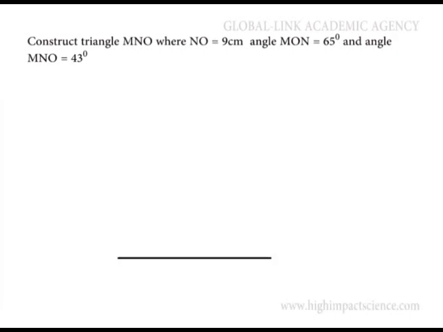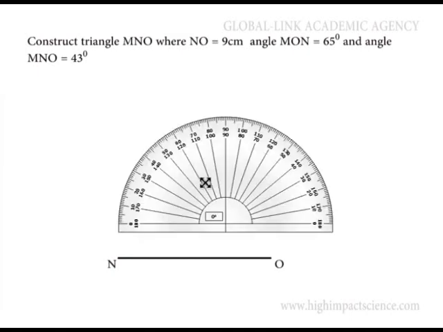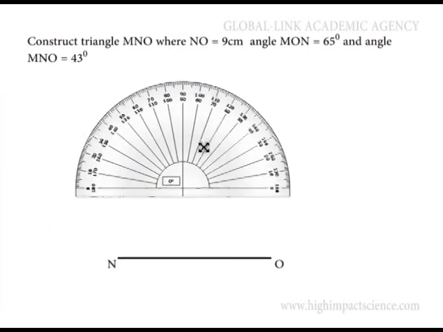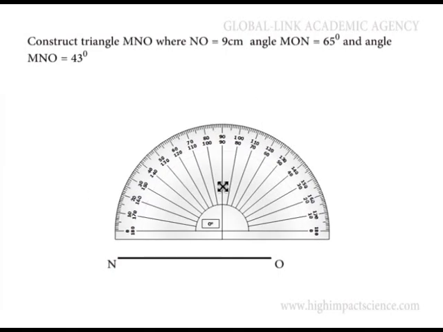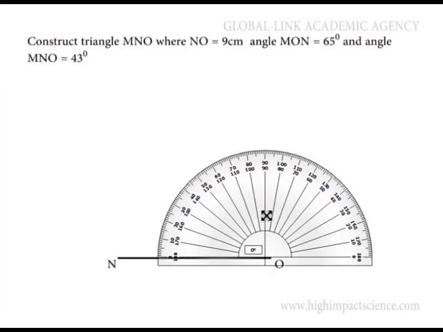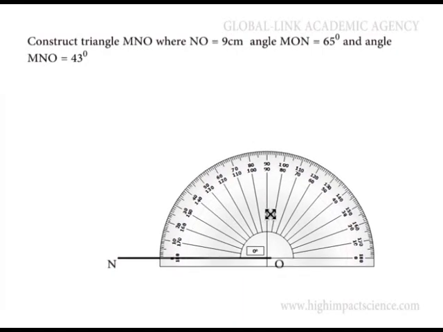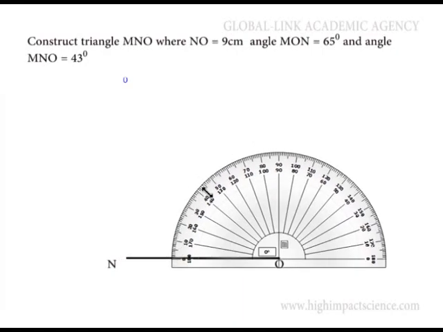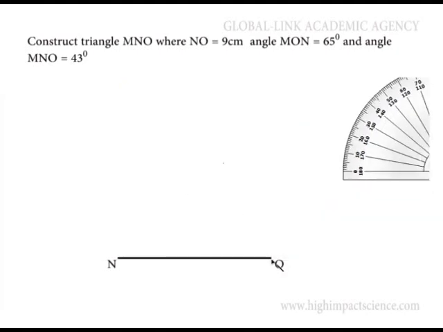That is NO. So at O, we measure 65 degrees. Protractor on the line. 65 degrees is here. We draw that line. So M lies anywhere on that line.